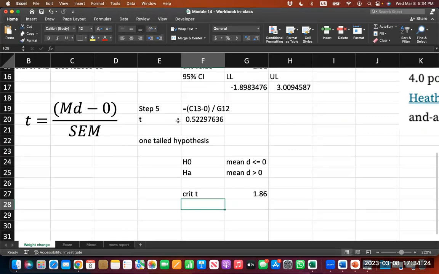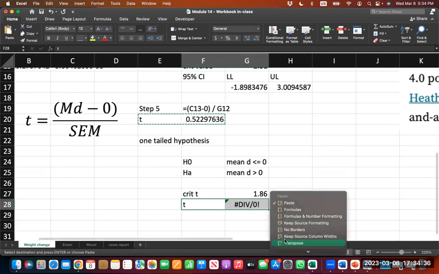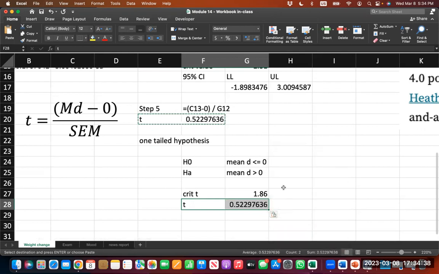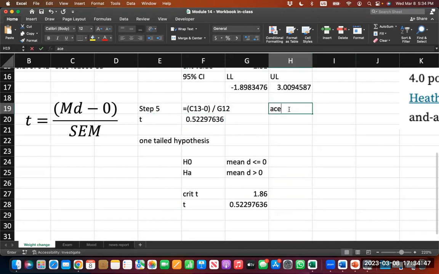So we're again deriving a t-score of 0.52. So it's the same value. So also under the one-tailed hypothesis, we're not rejecting the null hypothesis. So we're accepting H0, we're accepting the null hypothesis and rejecting the alternative hypothesis.